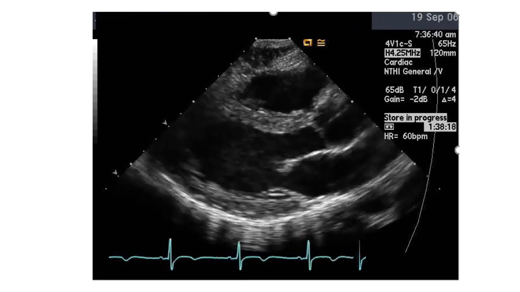And this is a standstill image. And let's identify the structures together in this long parasternal view.